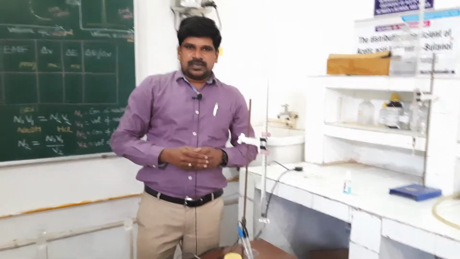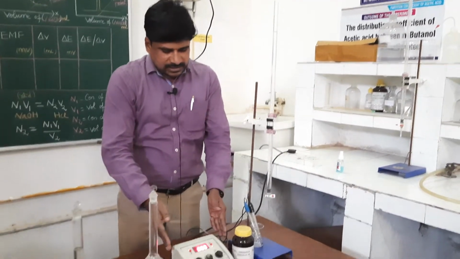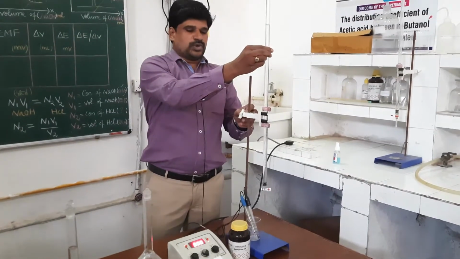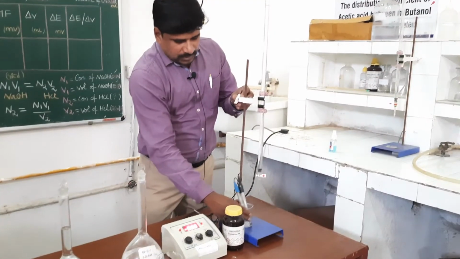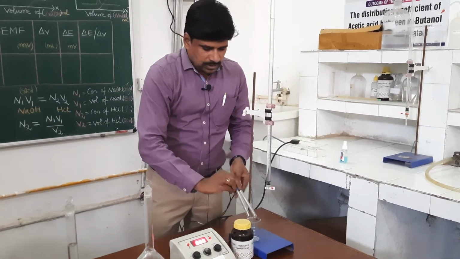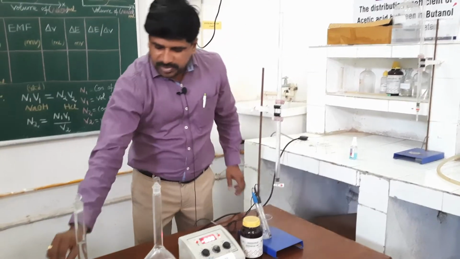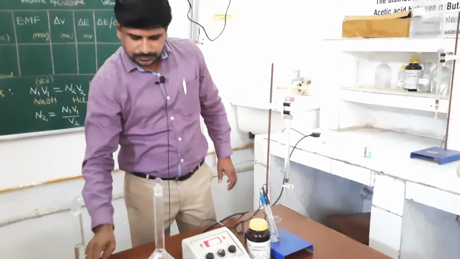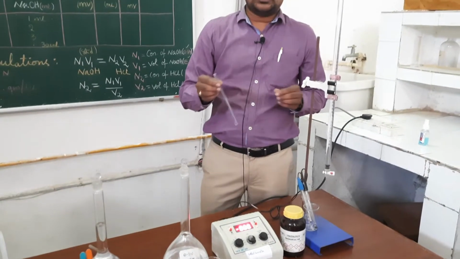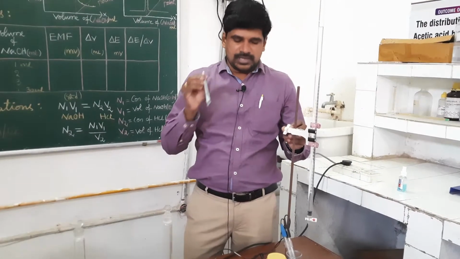In this experiment, the instrument we require is the potentiometer, and the glasswares are the burette, calomel electrode, platinum electrode, pipette and stirring rod. So these are the glassware we require to demonstrate our experiment.